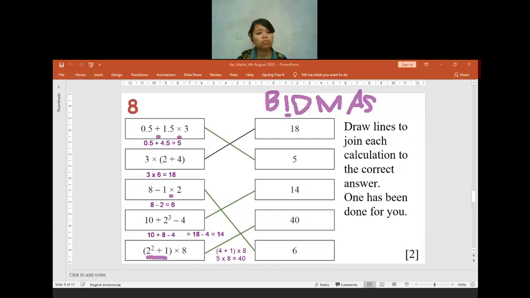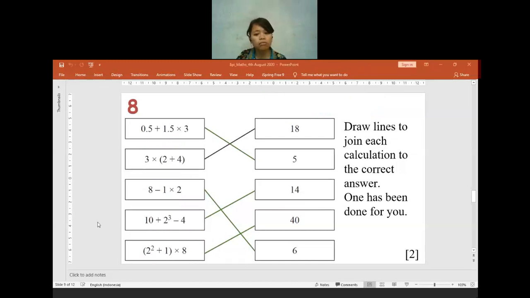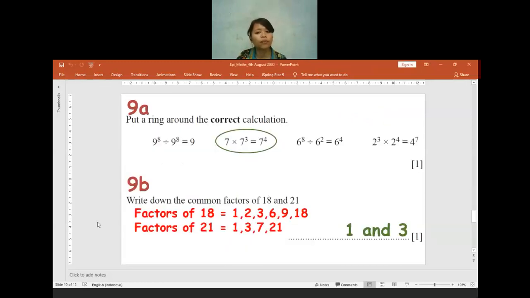No? Okay, if no question, I will continue to question 9. Because no one asked me any question, I will assume that most of you already understand.